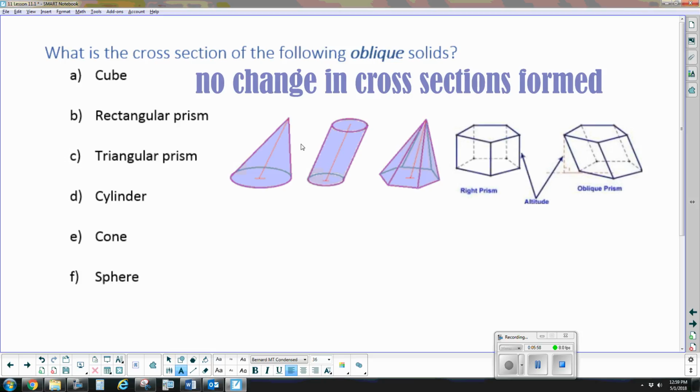So if we take a cross section here of this oblique cylinder, when we go straight across, we'll get an ellipse. But if we go at an angle, we could get a circle. So all of the cross sections formed are exactly the same, whether the solid is oblique or a right solid.